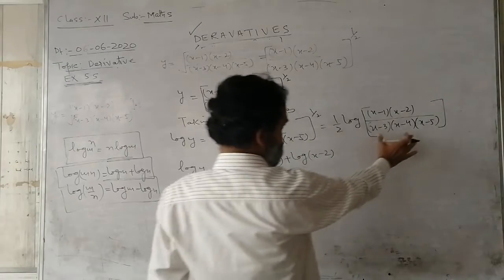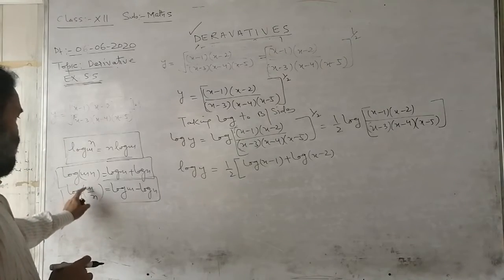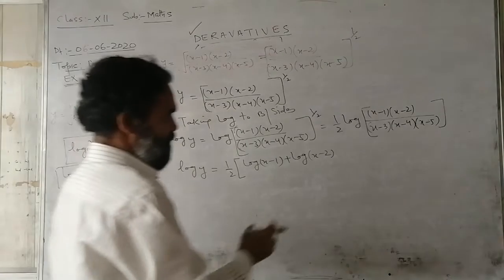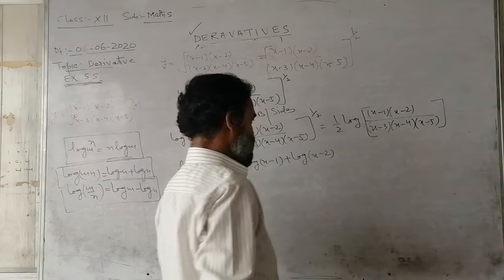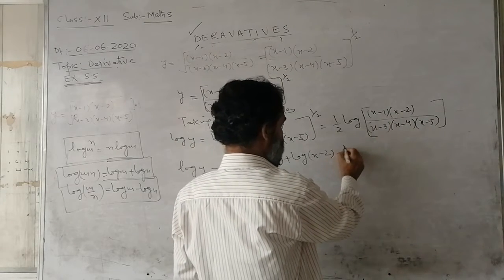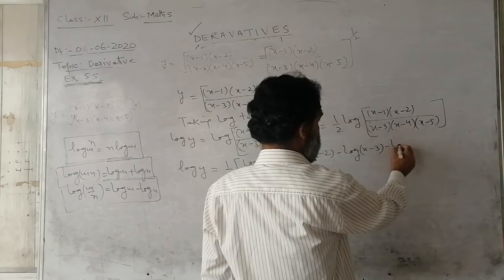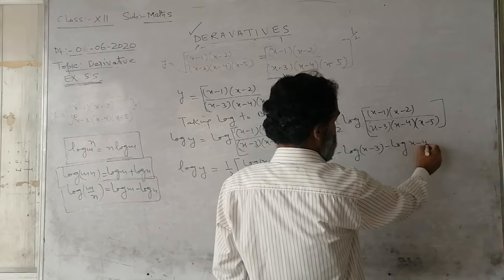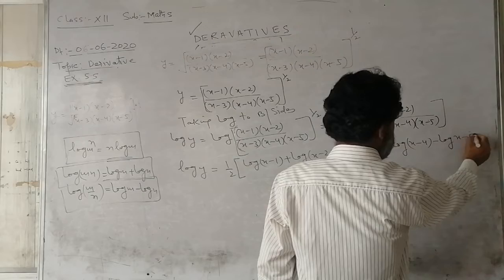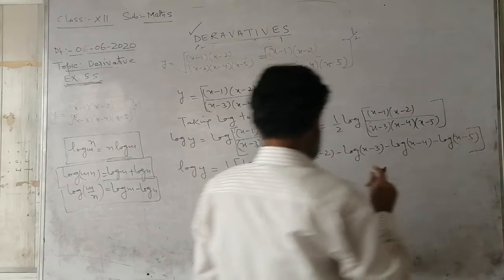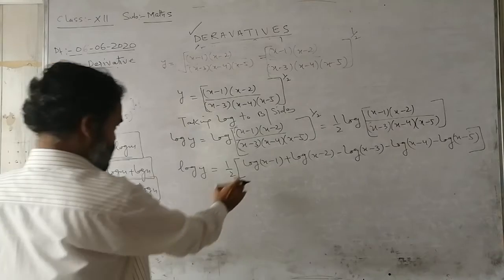The denominator is the case of log m by log n, so if I consider this as log m and these three terms as log n, this will be equal to minus log x minus 3, minus log x minus 4, and minus log x minus 5. So these terms can be written in a simplified way.